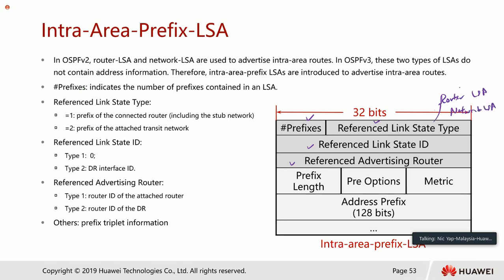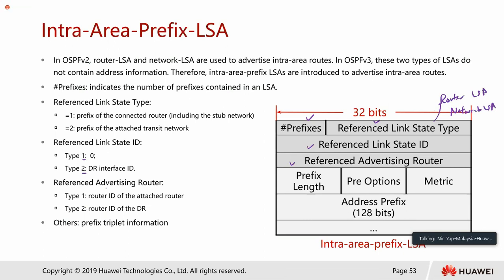So a reference to the router LSA means that it belongs to the stub. A network LSA belongs to the transit. Okay, that's what they are representing here. On the reference link state ID, they have type 1 and type 2. Type 1 is 0, it's normal. Type 2 is the DR interface ID. And for the reference advertised router, type 1 and type 2 carry the router IDs of the attached routers, and the router ID of the DR for type 2.